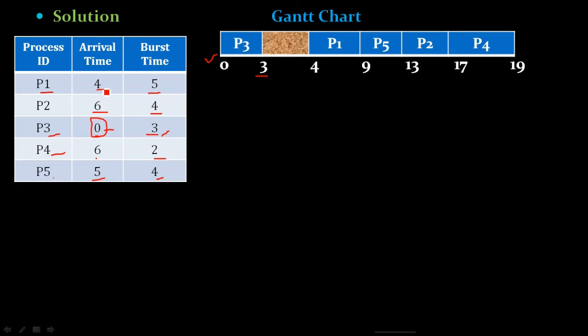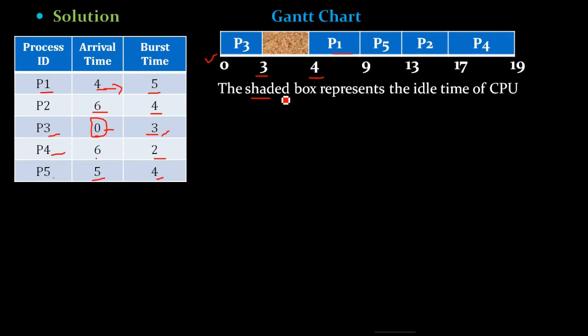So next the P1 process occupies the CPU. Between P3 and P1, the shaded box represents the idle time of the CPU, meaning the CPU sat idle during this period. None of the processes is occupying the CPU, so the CPU is totally idle.